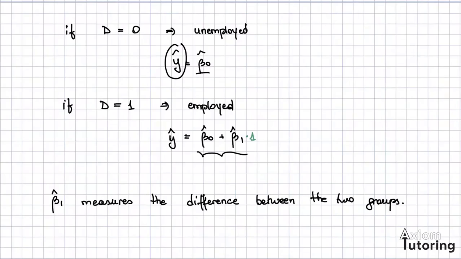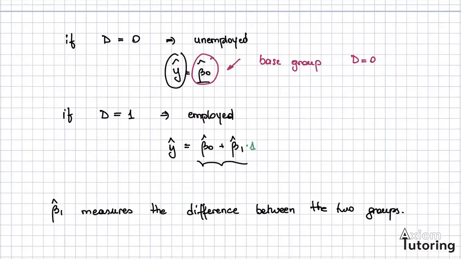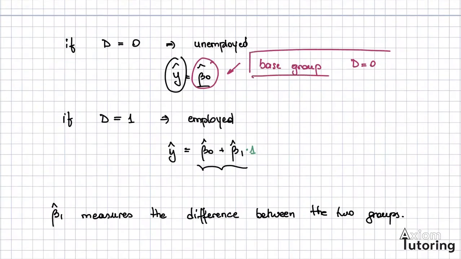And what that also means is that the beta 0 is taking all the information about what we will call the base group or the benchmark group, however it's easier for you. So meaning the group where the dummy is equal to 0. Okay? And this is something that you should always remember, and you should always check, especially when you do your interpretation.